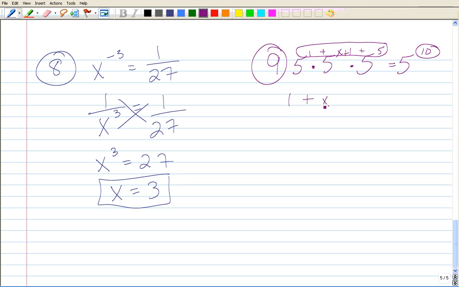So 1 plus x plus 1 plus 5 equals 10. So this is x plus 5, 6, 7 equals 10. Therefore, x equals 3.